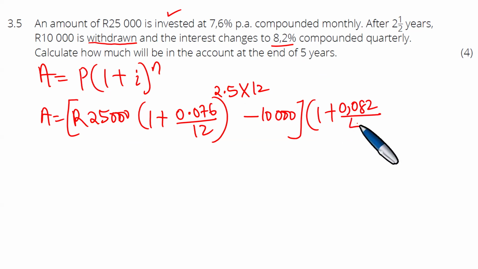Compounded quarterly means that you divide by 4. Calculate how much will be in the account at the end of 5 years.